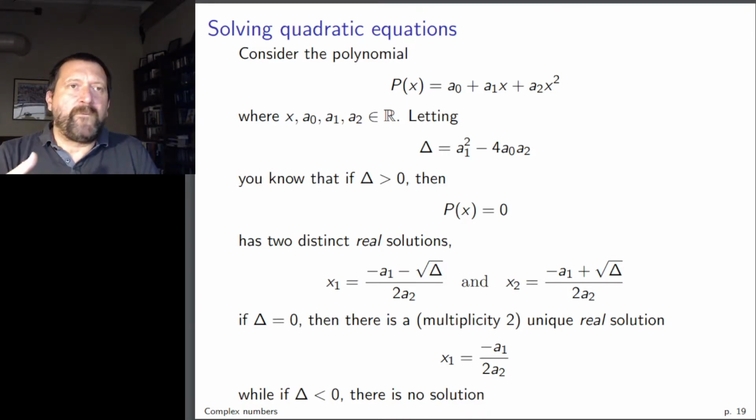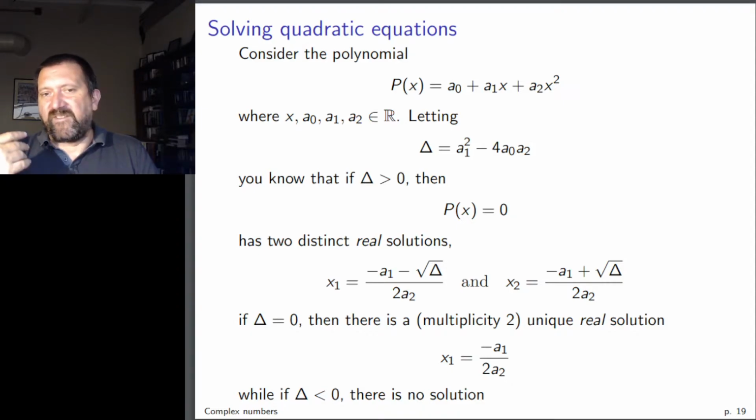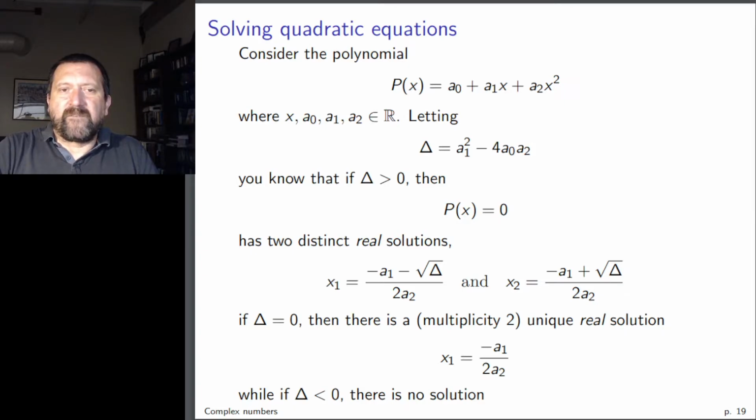And what you saw when you did this in high school is that if delta is negative, there is no solution to p of x equals 0. So if that discriminant, delta, is less than 0, there's no solution.